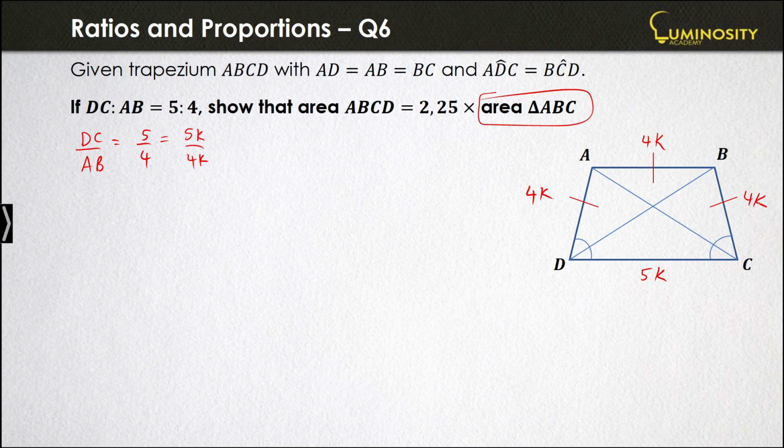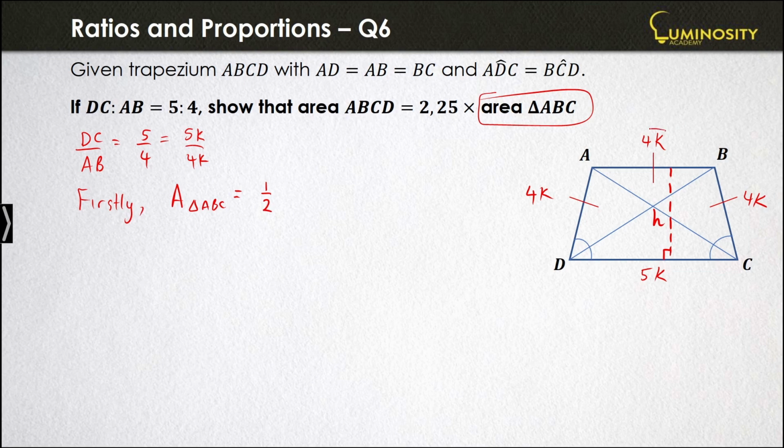Well, if we look at triangle ABC, all right, I can see that if I want to find the area of that, I would need a perpendicular height. All right, so the perpendicular height in triangle ABC here is exactly the same perpendicular height of the trapezium. So I can call that common perpendicular height H. So firstly, what I want to note is that the area of triangle ABC, that's going to be a half times the base.